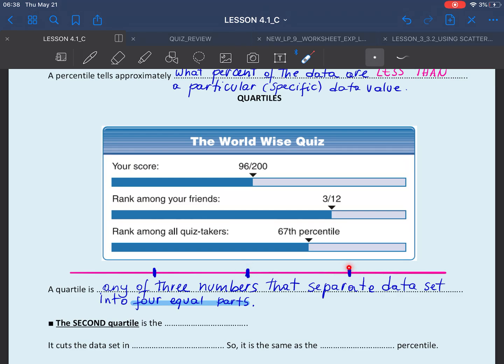As you see in here, we have used 1, 2, 3 numbers. And these are the 3 numbers that we're talking about.